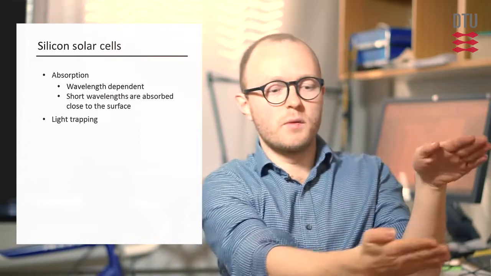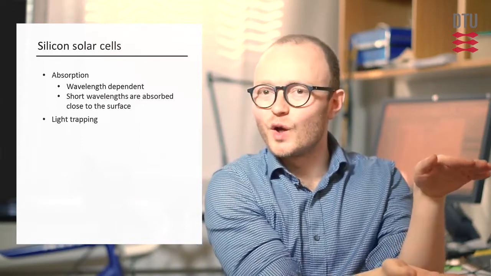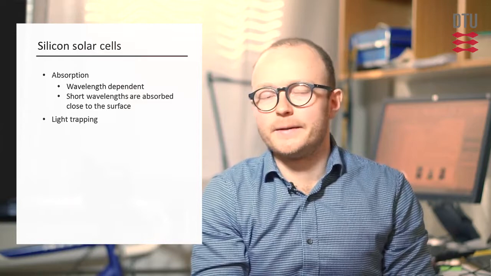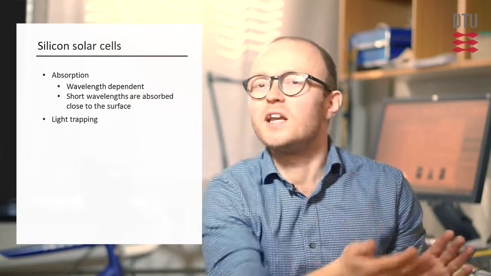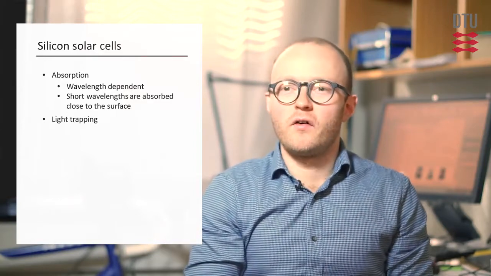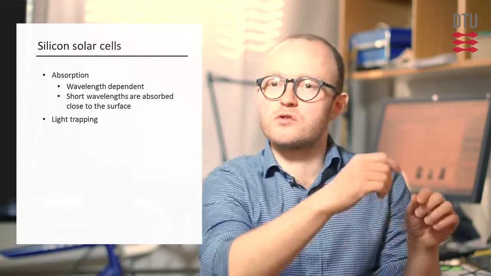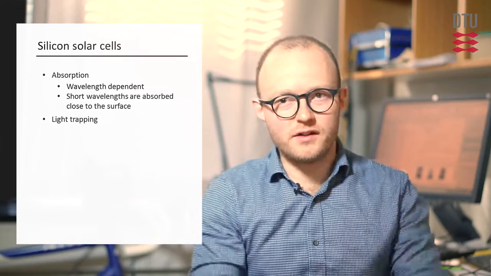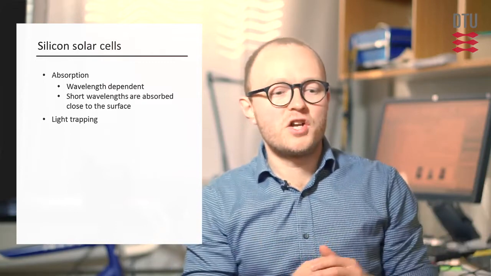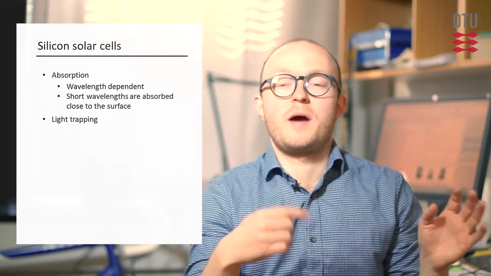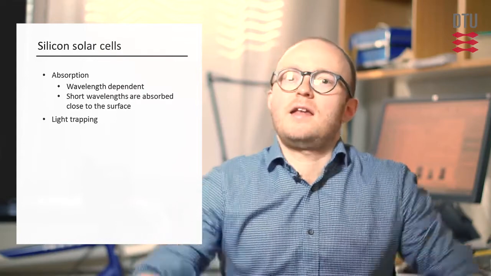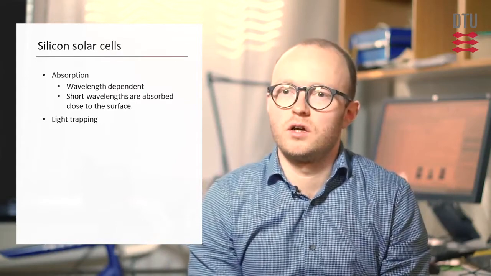This requires that we make a good mirror on the back side of the cell. That could just be metal, but it could also be an oxide layer or dielectric layer with a metal on the back, and we could also structure the rear of the cell. All these things are measures to trap the light and enhance the absorption of infrared wavelengths.